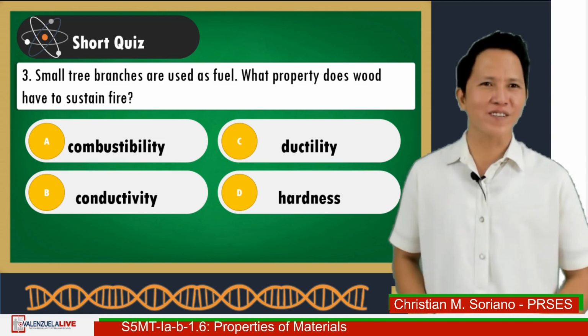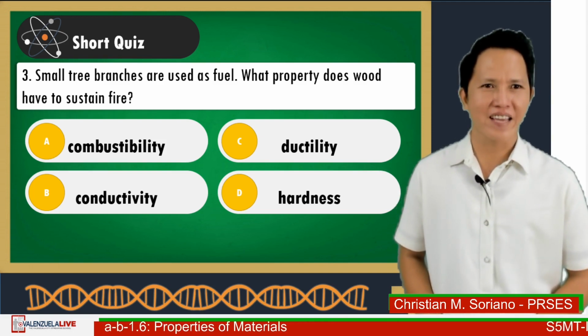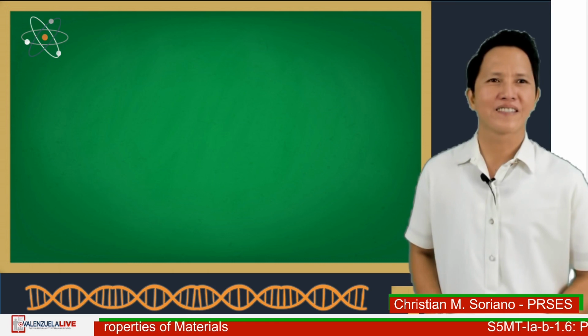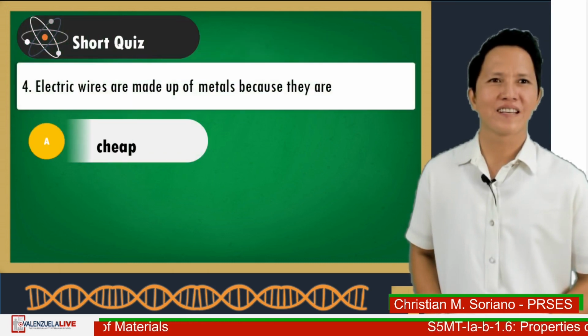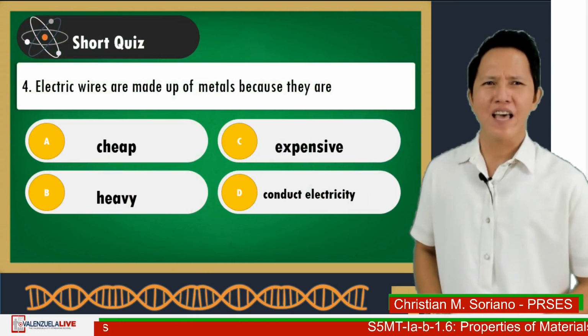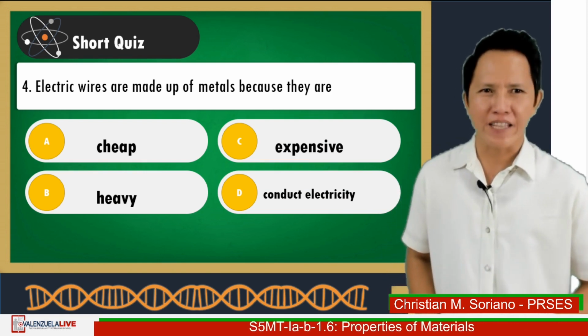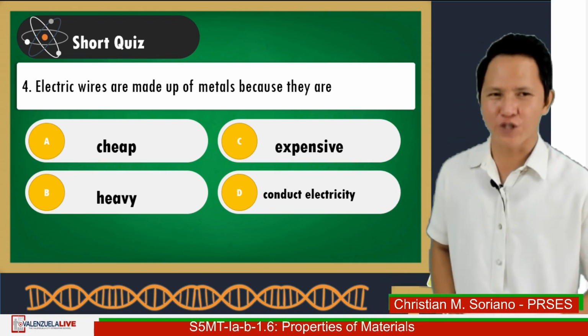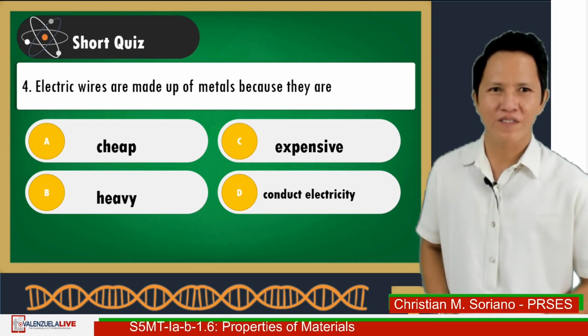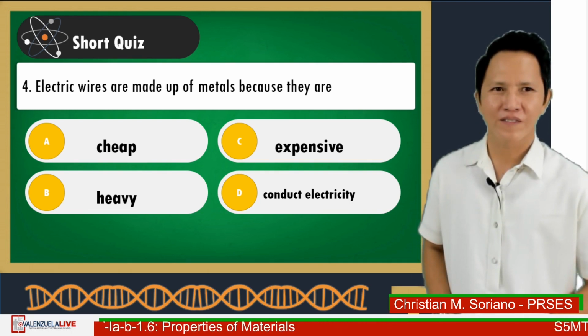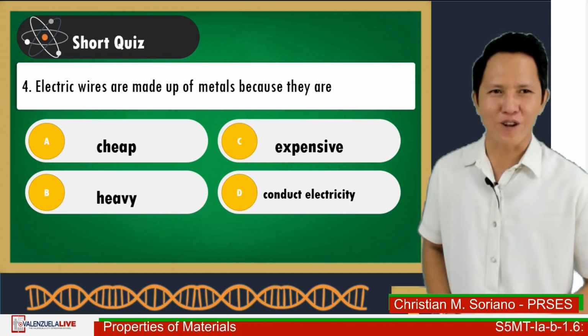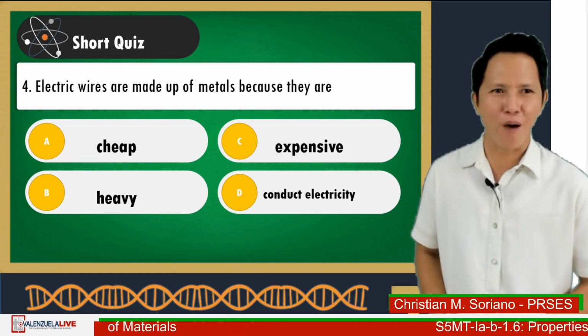Yes, the correct answer is letter A. The fourth question is, electric wires are made up of metals because they are... Do not forget your answer on the comment box.